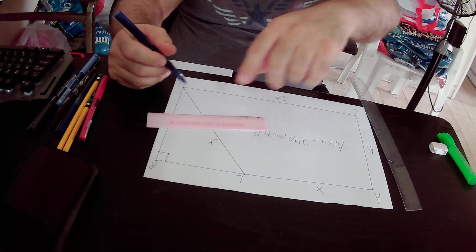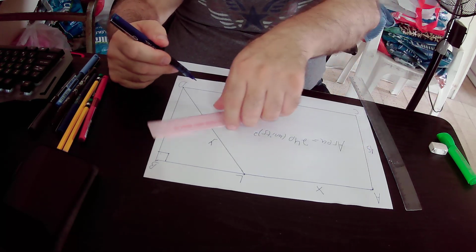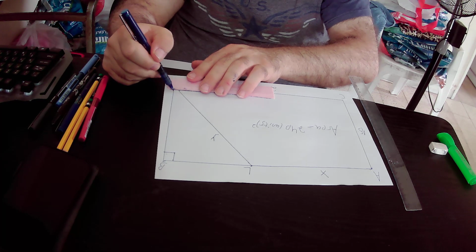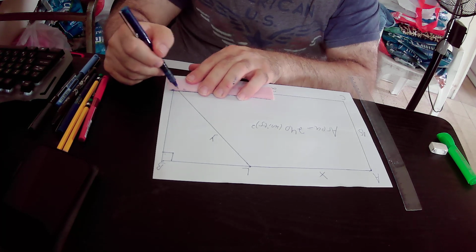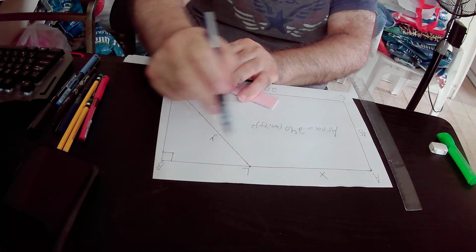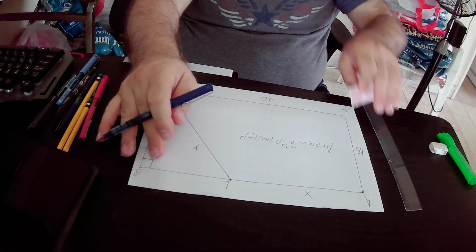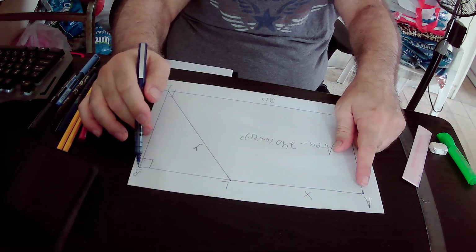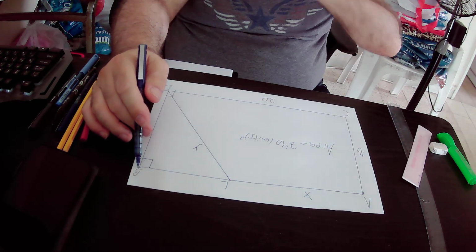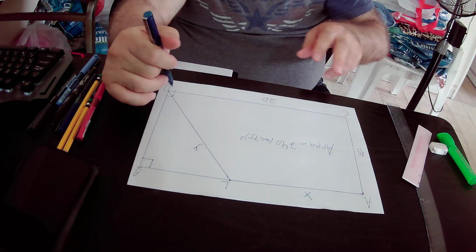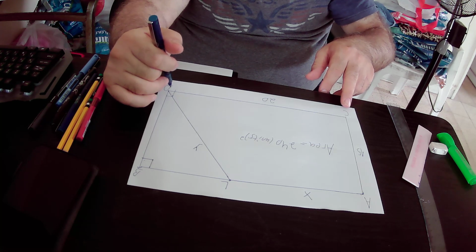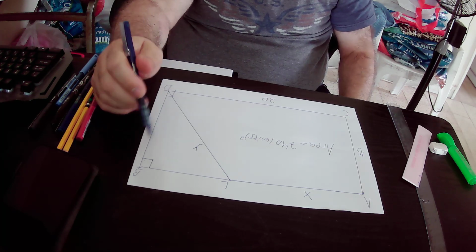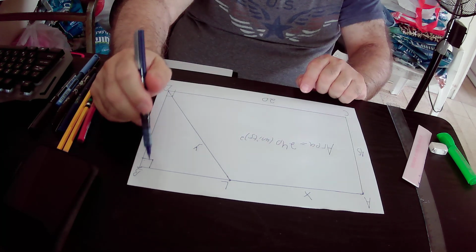So angle BDC is 90 degrees, and angle DBA is also 90 degrees. Again, we extended line segment X to a size of 20 units, and from point B we lowered a perpendicular to line segment CD. So angle CDB is 90 degrees and angle DBL is also 90 degrees.